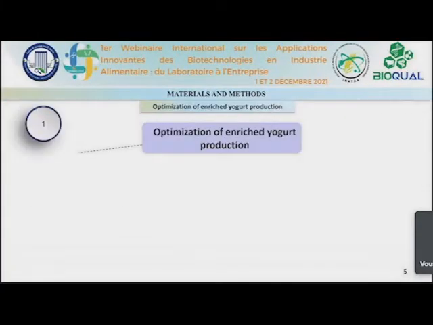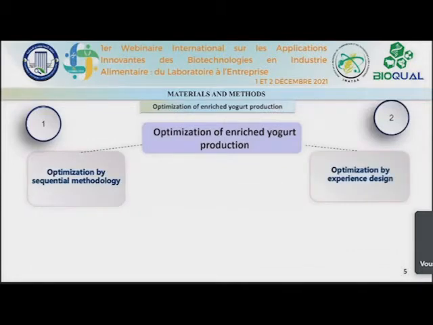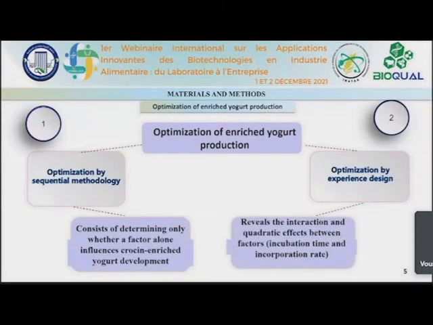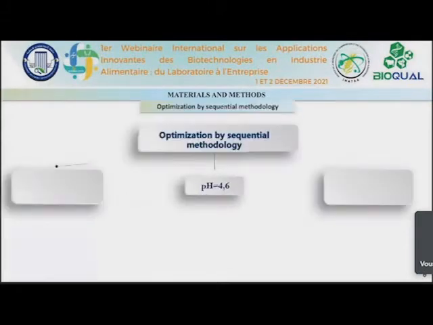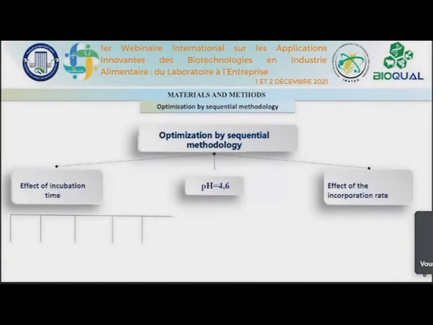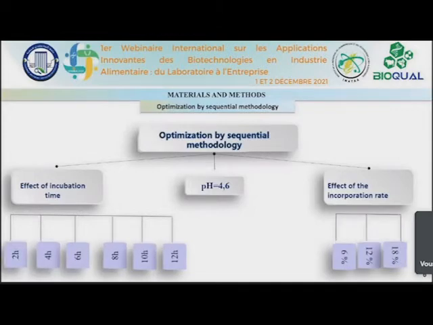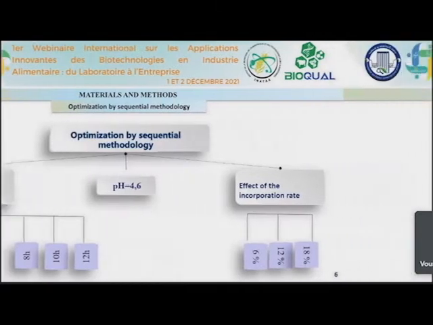We go to the optimization of our yogurt. For that we have two methods, which are sequential optimization and optimization by design of experiments. We start with the sequential optimization. We set the pH at 4.6 at different incubation times from 2 hours to 12 hours and different incorporation rates from 6% to 18%.